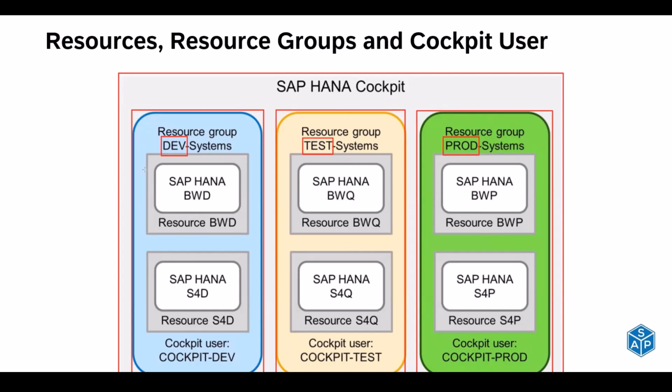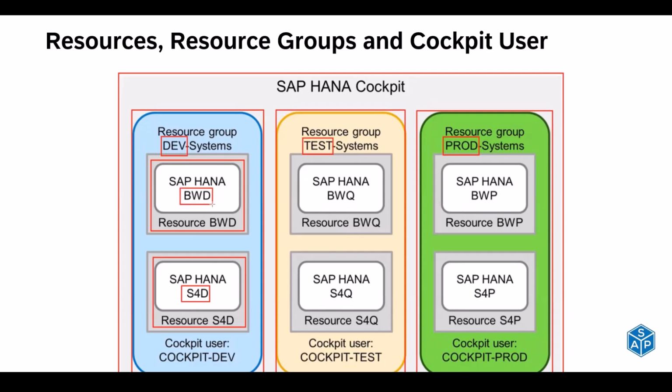What you can do is put all the databases in your development environment, for example your SAP HANA database, into resources. You can create one resource for your S4 HANA development database and one for your BW development database.